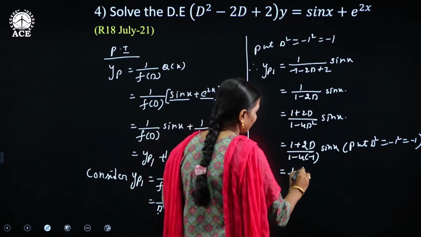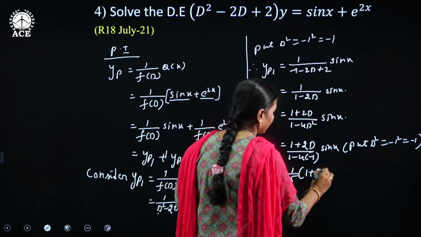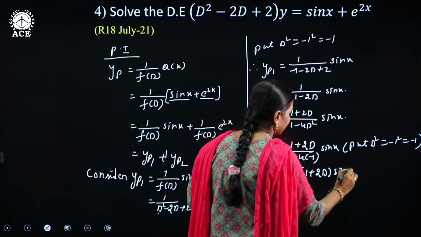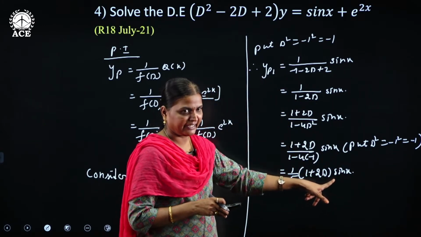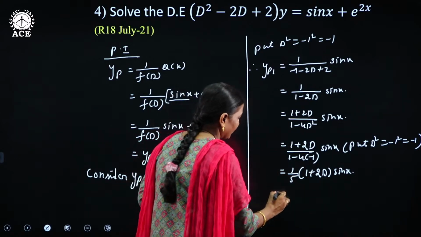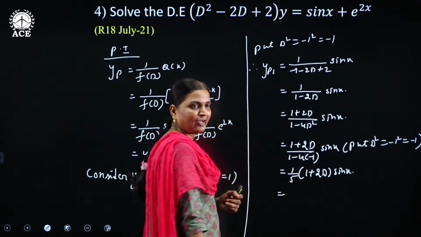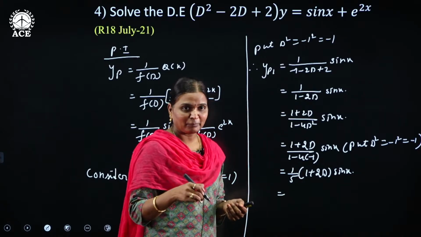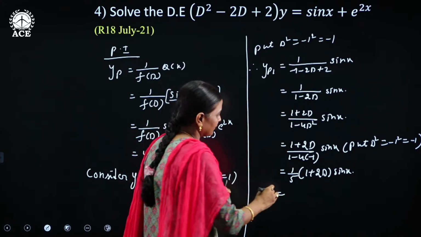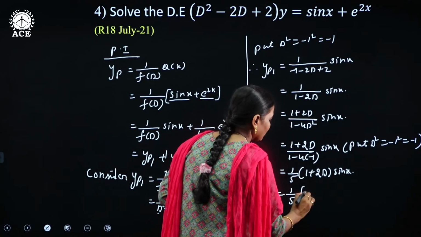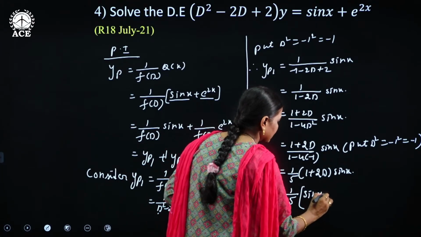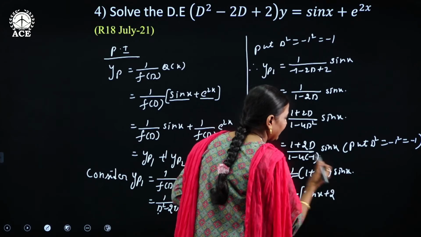So 1 by 5 into 1 plus 2D into sin x is not yet the particular integral, because a differential coefficient is there. So how do we find it? Operate sin x with 1 plus 2D. What is capital D? It is a differential operator. So, 1 by 5 into 1 into sin x plus 2 into D into sin x.